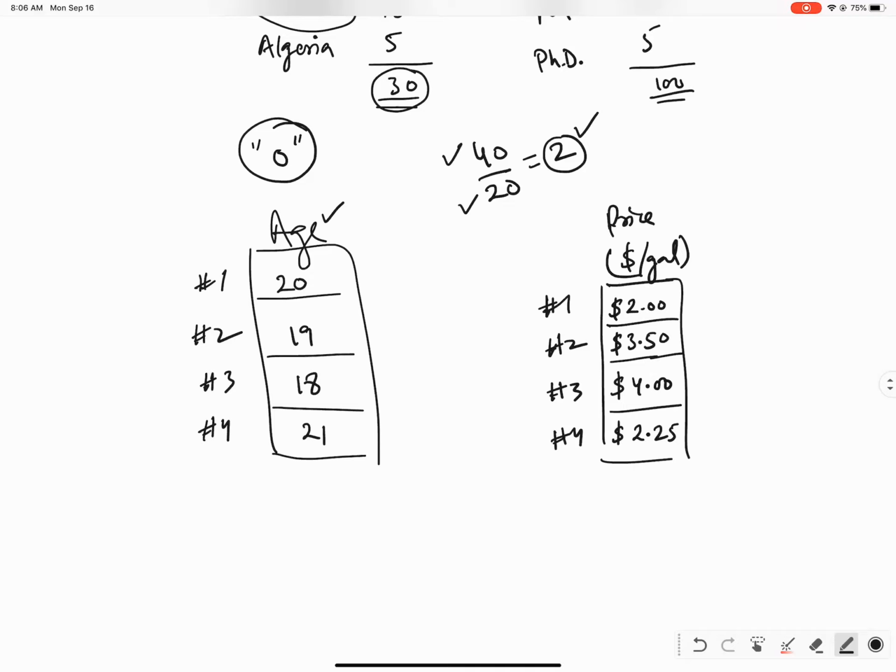So gas at gas station 2 is $1.50 per gallon more expensive than gas station 1. I just took the difference between these two numbers, $3.50 per gallon minus $2, and I was able to interpret this difference, $1.50, without any problem. So price is definitely a numeric variable. There's no doubt about that.